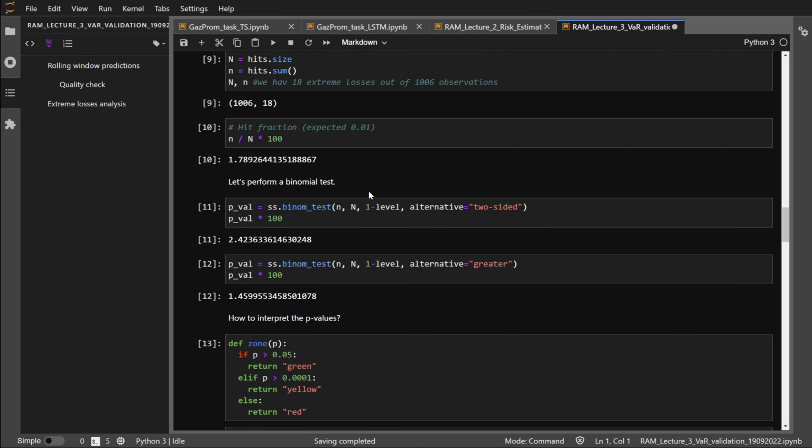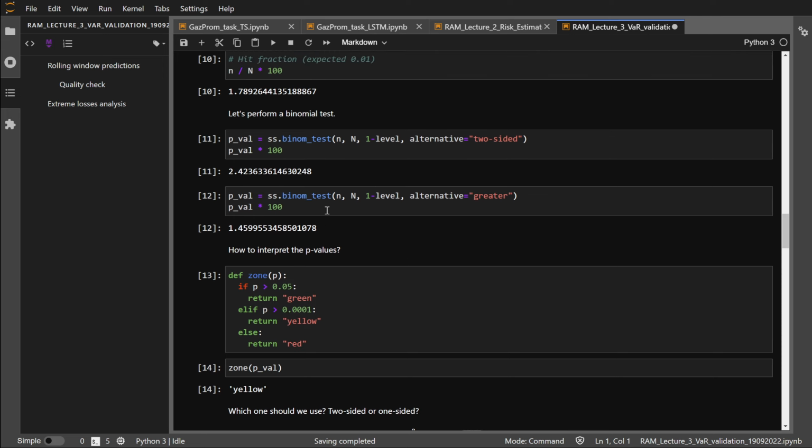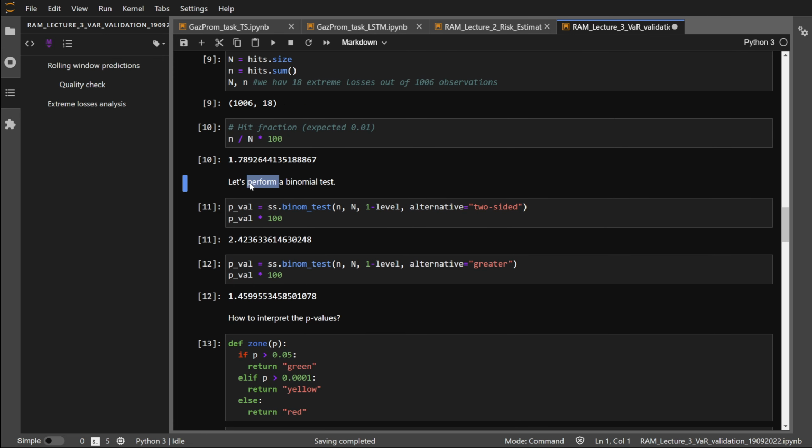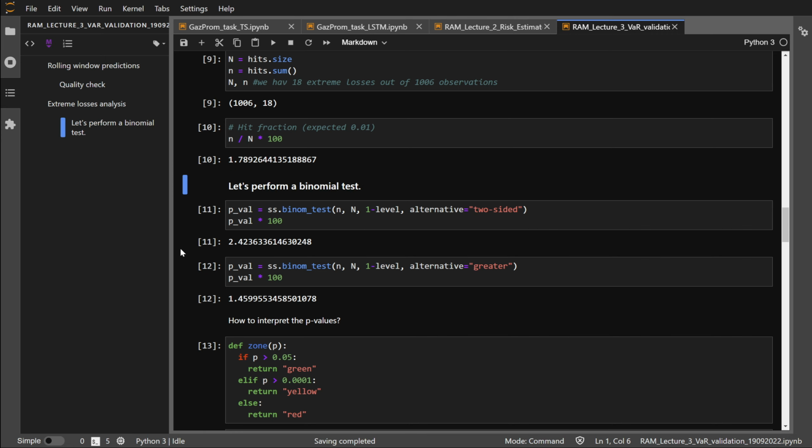As a matter of fact, we can perform a formal test, and this procedure is called backtesting, and it has the binomial test at its core. And this test is actually pre-implemented in the stats module.